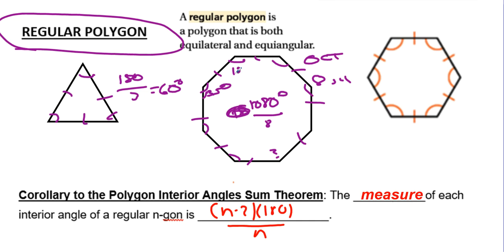So 135 degrees for every one of these angles. The exterior angle is going to be the supplement of that, so it's going to be 180 minus 135, which is equal to 45 degrees. And if I were to take 360 degrees and divide it by 8, I'll get 45. Okay, moving on.